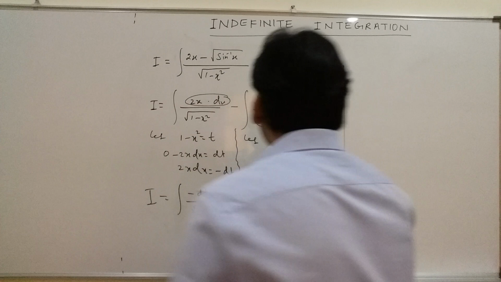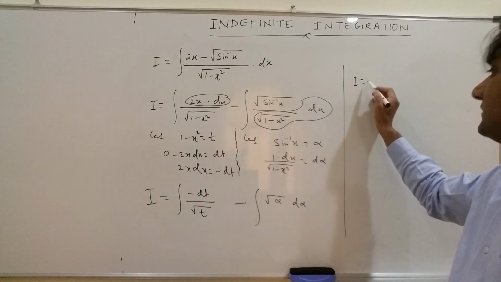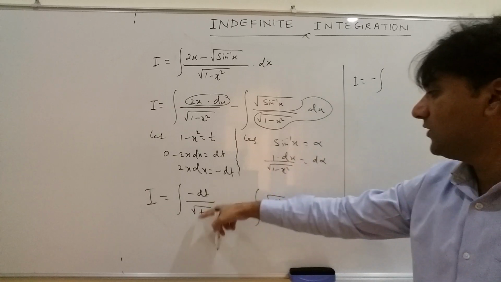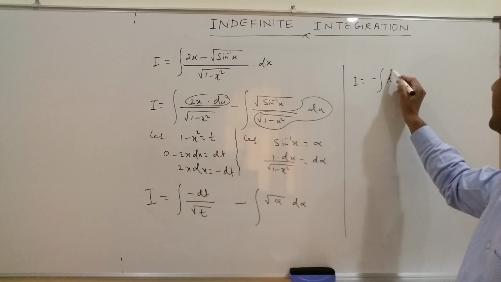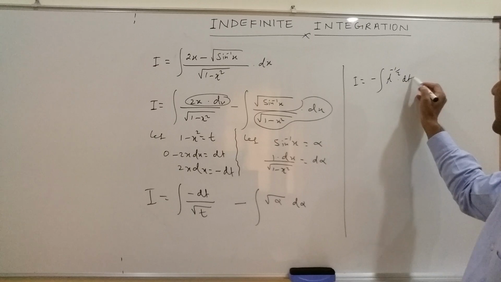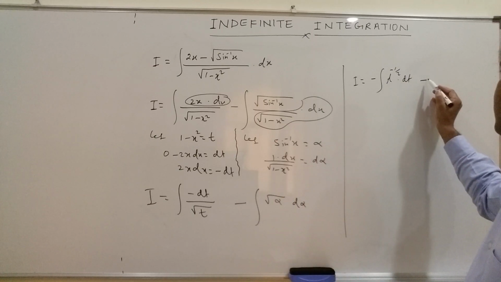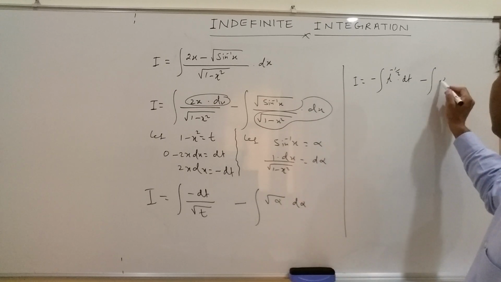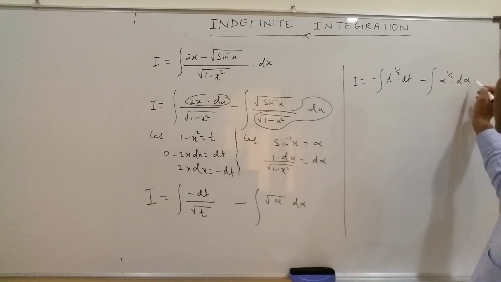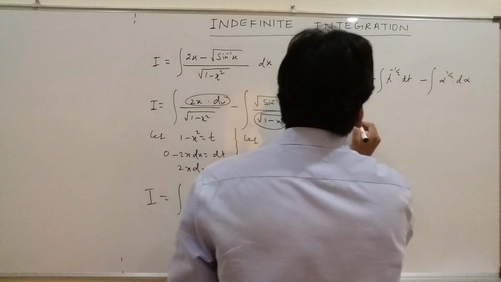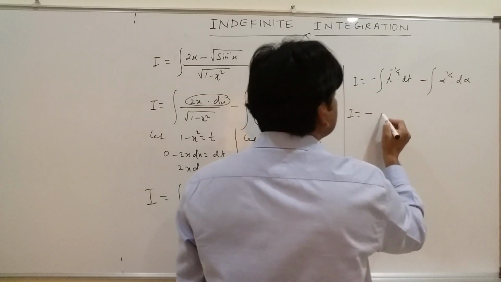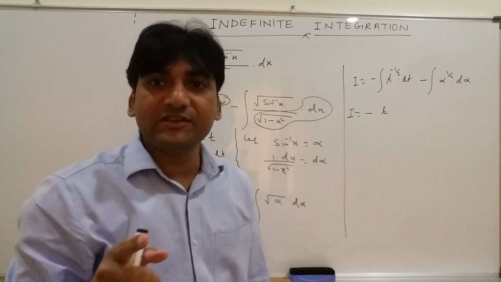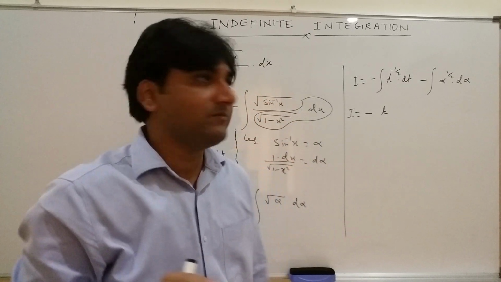Now what we got? I equals minus, outside I have taken 1 over root t, it means this is t raised to minus half dt, and minus this minus, and this is alpha raised to half d alpha. Now we have to integrate. I equals this minus t raised to minus half plus 1, because x raised to n integration is x raised to n plus 1 over n plus 1.